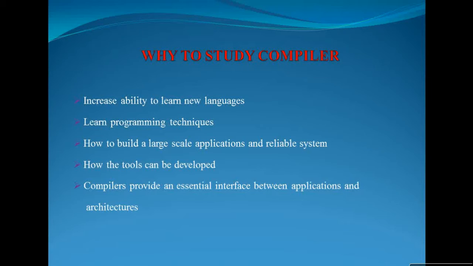Small techniques can be learned through programming skills, but to build large applications we need to study compiler design, and a separate software tool has to be developed. To develop that tool we need to learn what a compiler is.